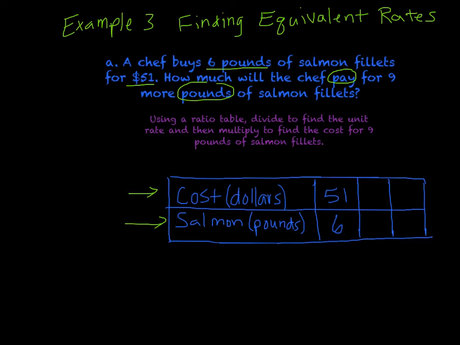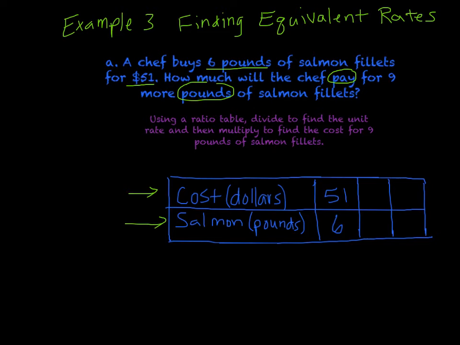So I have cost in dollars, and I have salmon in pounds. As you can see, they already gave me my first ratio that I start with. It cost $51 for 6 pounds of salmon. So now we need to divide to find the unit rate and then multiply to find the cost for 9 pounds of salmon fillet.